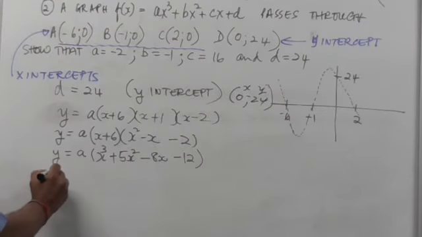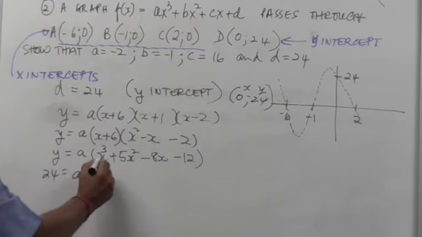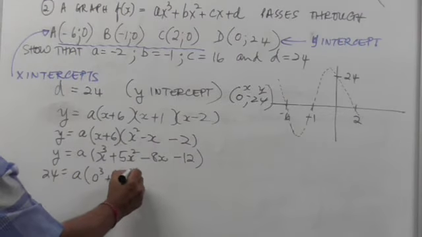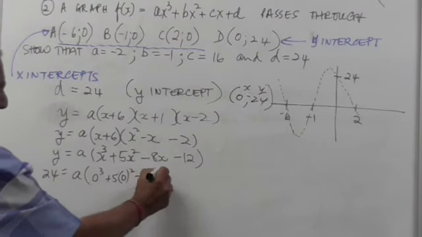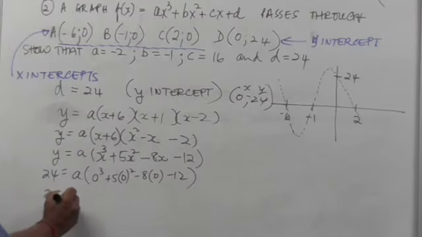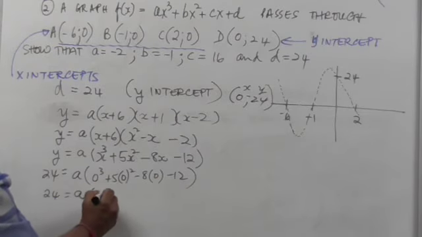So y is 24, equal to a into, all this will become 0. I'll just write it: 0 cubed plus 5 into 0 squared minus 8 into 0 minus 12. And then 24 is equal to a, and this whole bracket becomes minus 12.